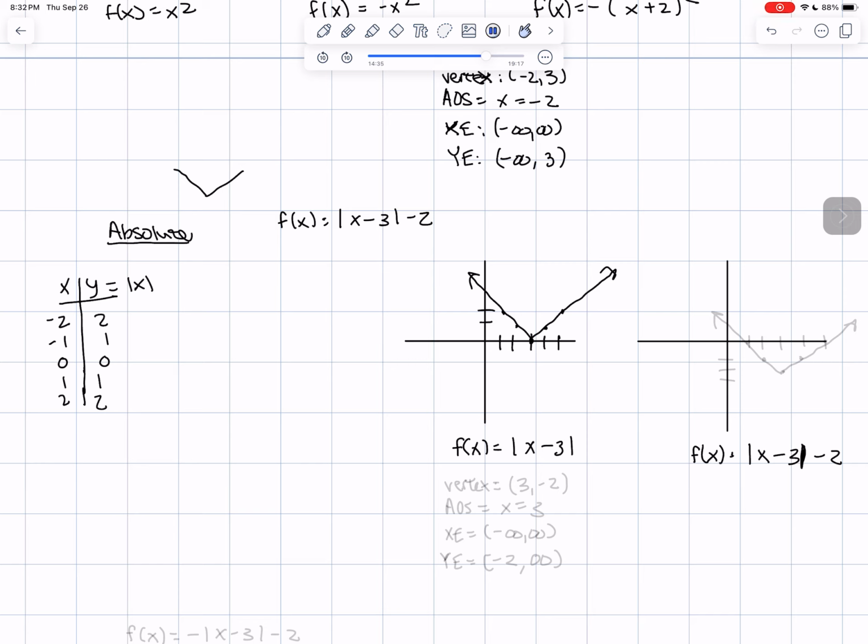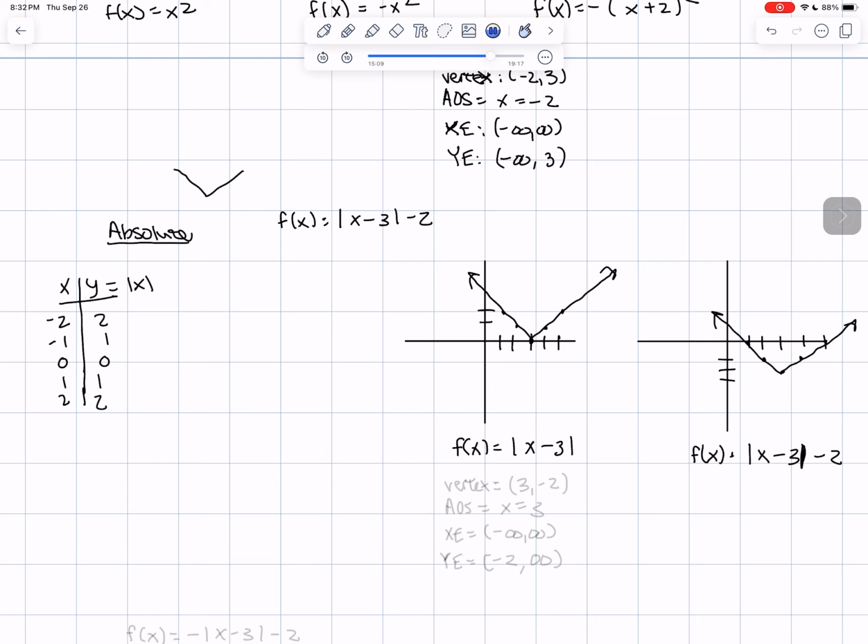Hold on. I flipped it upside down. That's not right. I flipped it because my mind was thinking about showing you the one with the reflection. Okay, so down 2. It's here. Sorry. So that's what I'll show in the next graph, is how to do that. So sorry, this is how it should be.